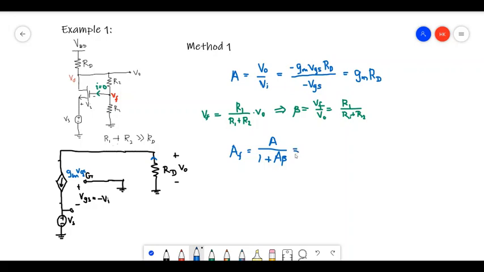Therefore the closed loop gain of this amplifier will be given by gm RD divided by 1 plus gm RD times R1 over R1 plus R2.